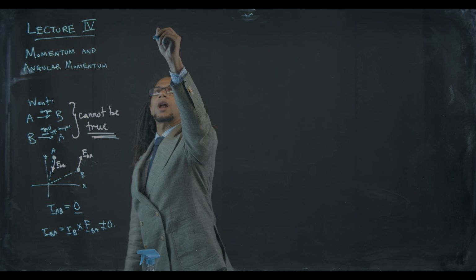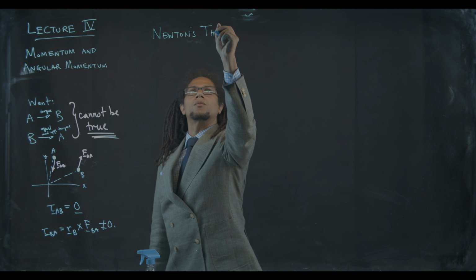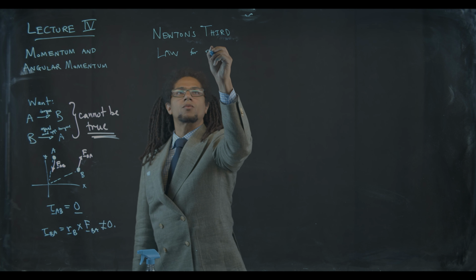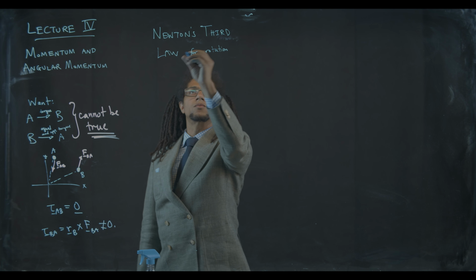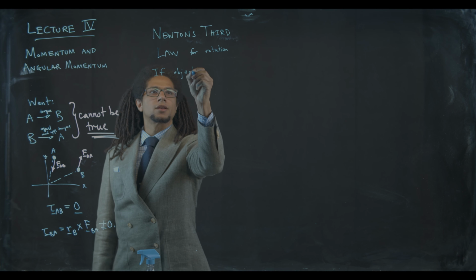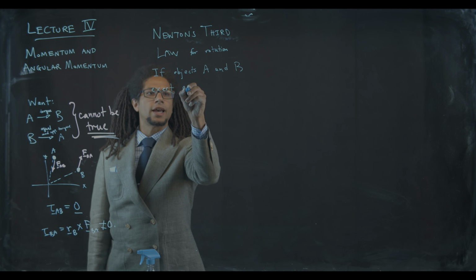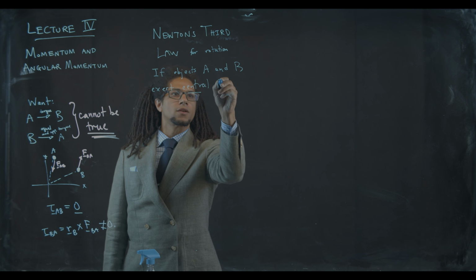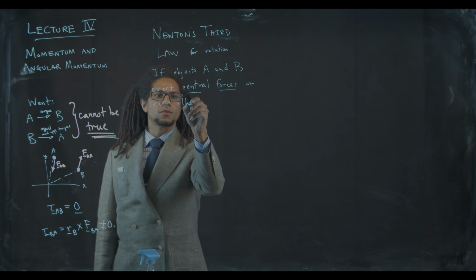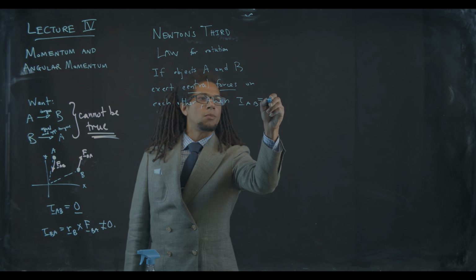So here's what I'll say is Newton's third law for rotation. If objects A and B exert central forces on each other, then tau_AB is equal to minus tau_BA.